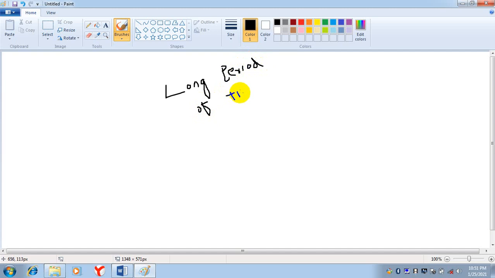This is called the going concern principle. Suppose I am starting a cement factory. What will be my aim? That I will carry on this business for a long period of time.